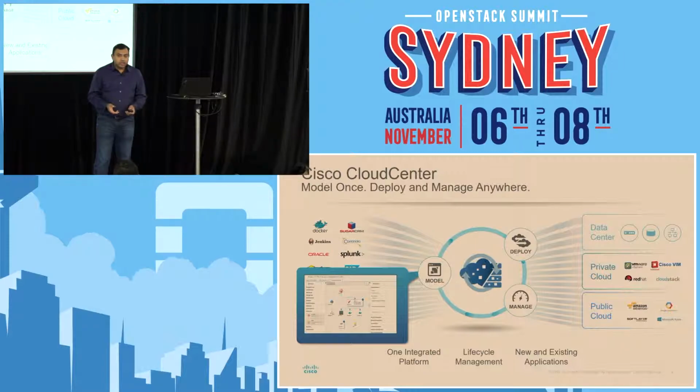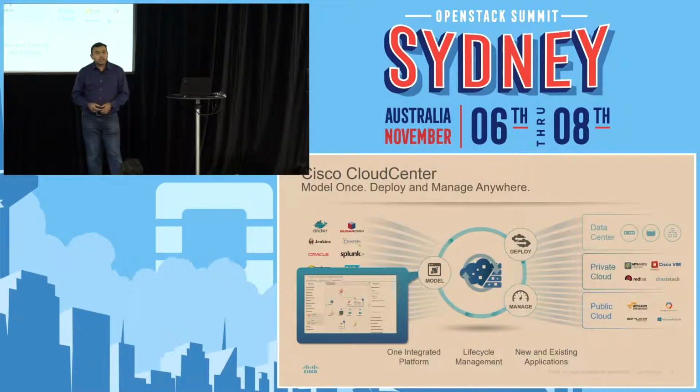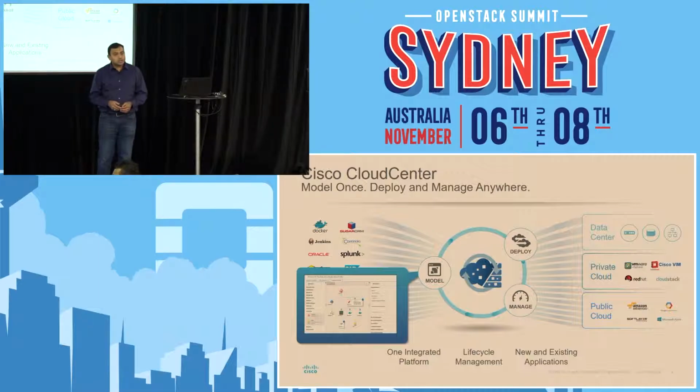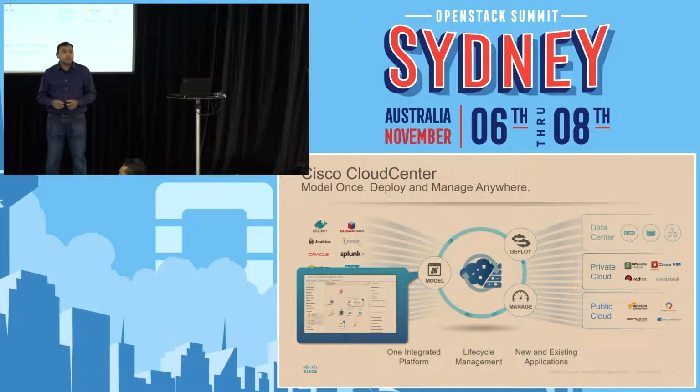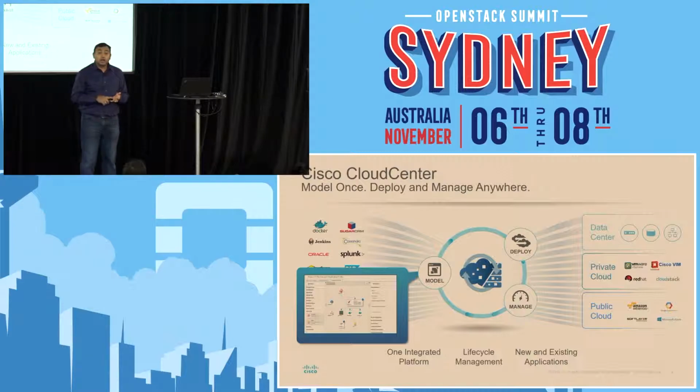That cloud can be in your data center, it could be a public cloud, it could be a private cloud. Of course, private cloud could be obviously OpenStack based, and one of those examples is also Cisco VIM, Cisco Virtualized Infrastructure Manager. So this one single platform gives you the ability to have an integrated solution, lifecycle management of your applications through their life, as well as a lot of other operational pieces that you'll see.